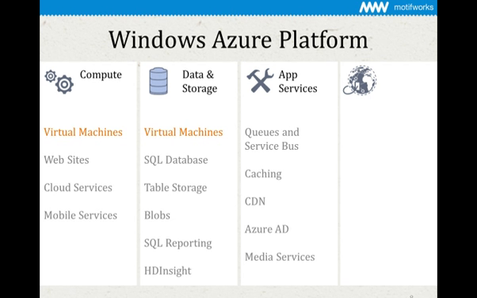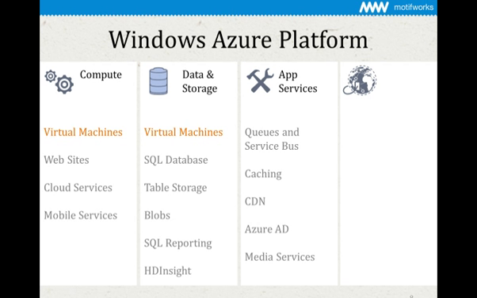And that's where the app services of queues and service bus are provided by Windows Azure. To further improve the performance of your application, it provides you in-memory caching and content delivery network, CDN, so that your blob data can be stored on the disk closer to your users, which improves the performance even further.